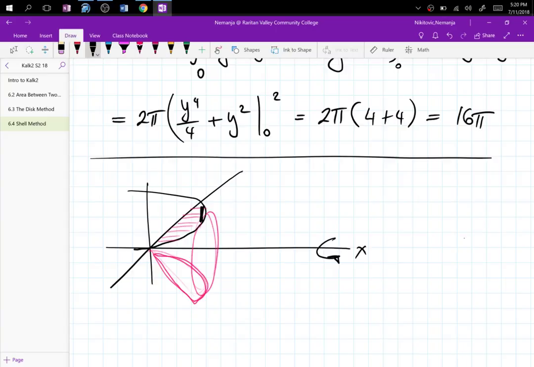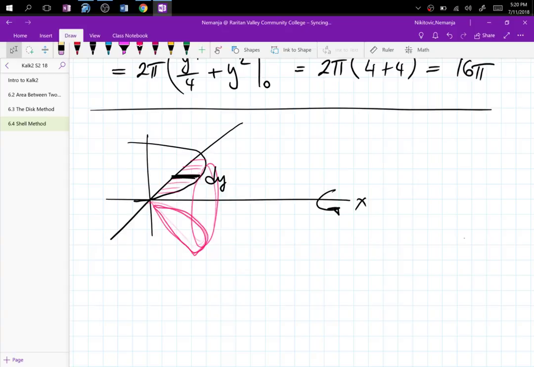The function folds on itself. So I must have dy. So this would be one of those cases where you have to use the shell method. And if you draw a representative rectangle dy, you see that you have the function that is further away, which we like to call f, and the function that is closer to the y-axis, which we like to call g.